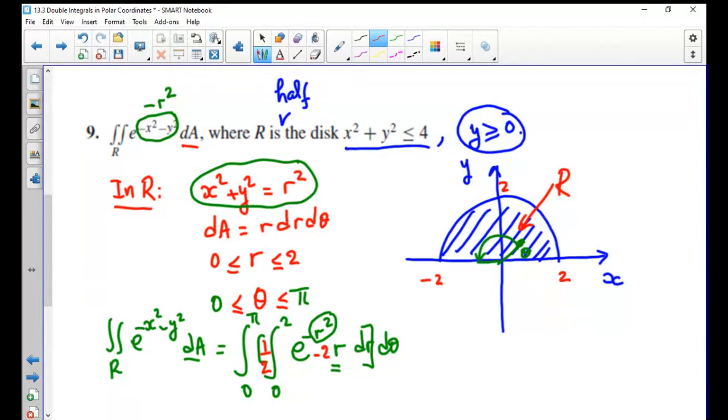I can even put a minus so that I get exactly the derivative there. So it's going to be minus half. So this number minus half, take it out, 0 to pi, and then e to the minus r squared.